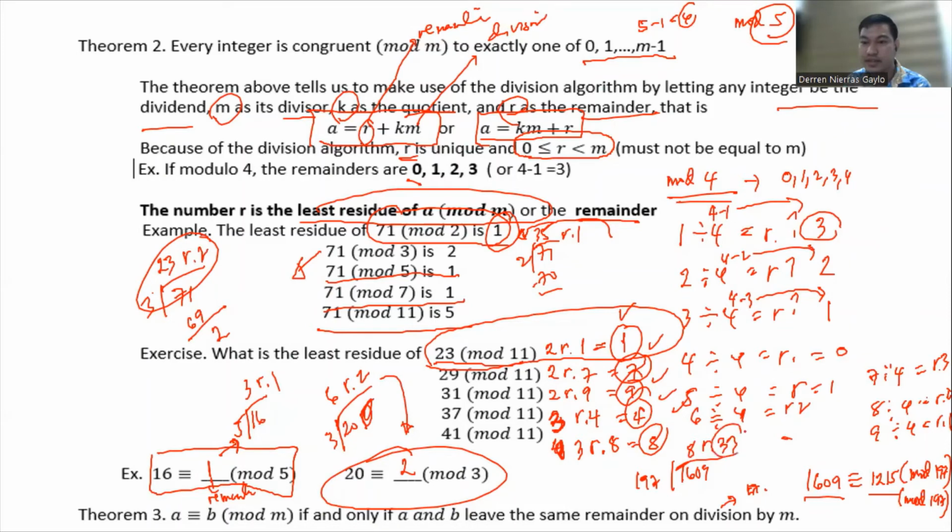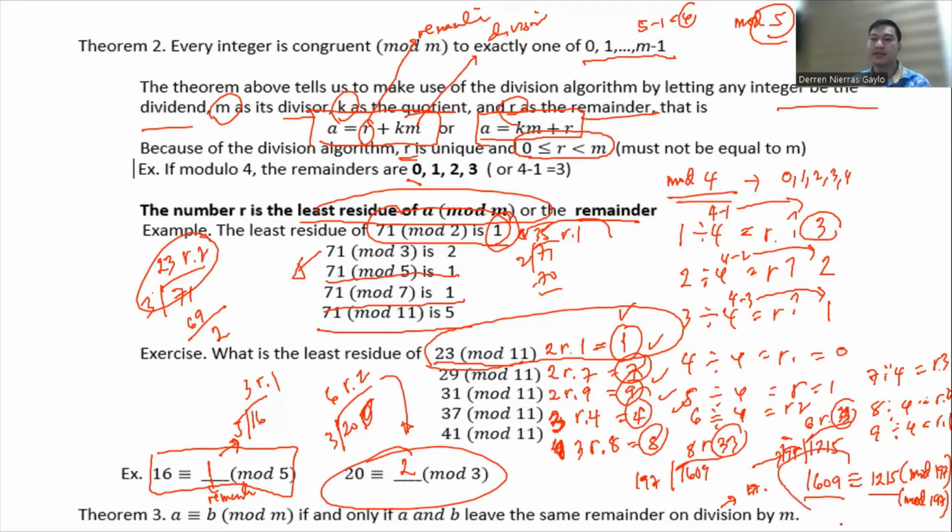Okay, let's check if they have the same remainder with 1215. 1215 divided by 197 is 6, and the remainder, 1215 minus 197 times 6, is 33. Take note, they have the same remainder of 33.